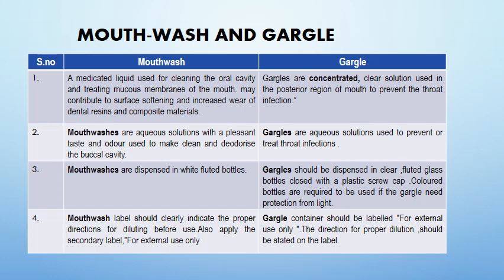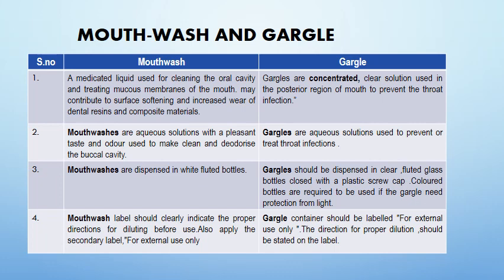Mouthwashes are dispensed in white fluted bottles, while gargles should be dispensed in clear fluted glass bottles closed with a plastic screw cap. Colored bottles should be used if the gargles are indicated for protection from light.